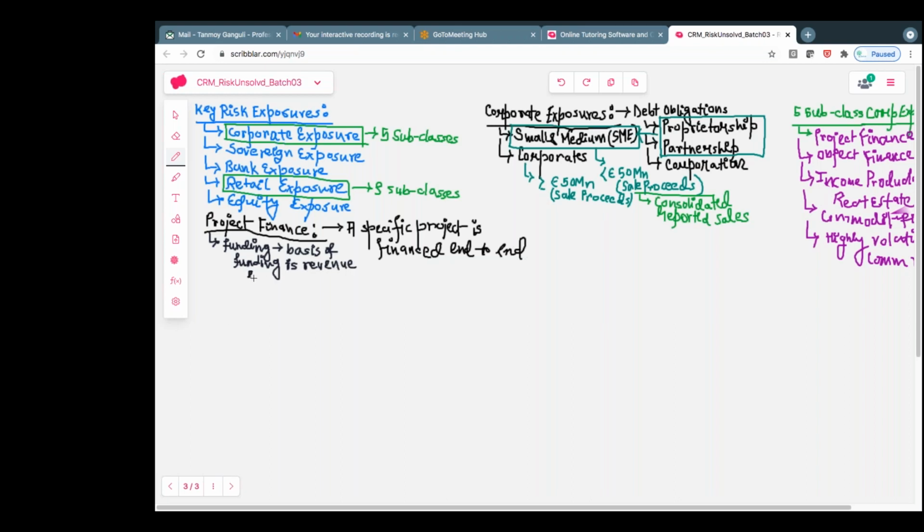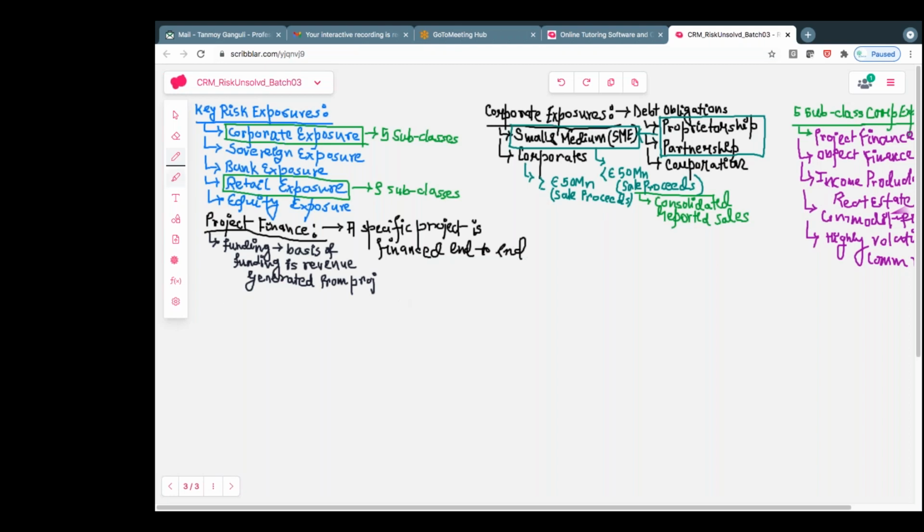Now, this very point that we have over here is something which we are looking at. Right? So this is the basis of funding: revenue which is generated from the projects, right?